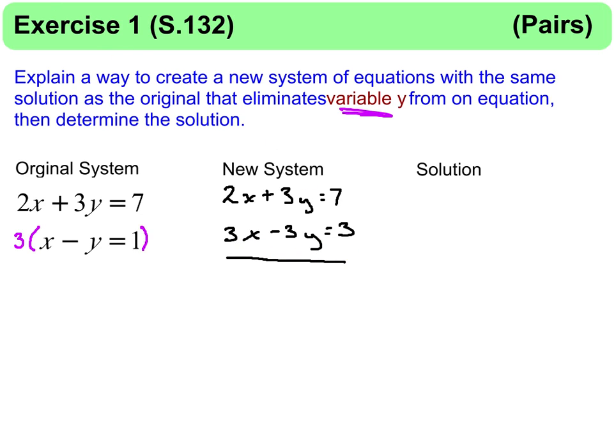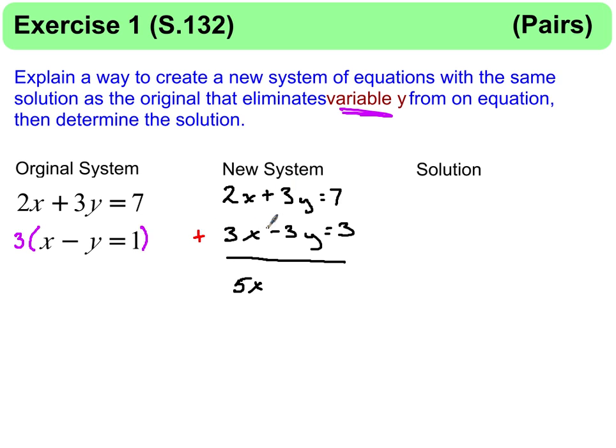Now, remember, the goal here is to eliminate. So I'm asking myself, if I want to make this column go to 0, should I add them together or should I subtract them? Well, I want to add them because I know that 3 plus negative 3 will be equal to 0. So if we solve every column, 2 plus 3 is 5x.